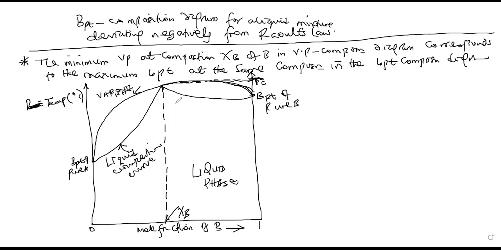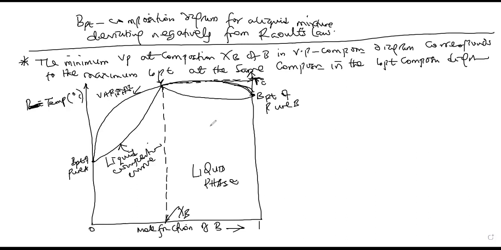This boiling point composition curve shows that when we add liquid B to liquid A, when you increase the composition of B to A, there will be a rise in temperature up to point Y, where the composition of the liquid mixture is XB of B, and the mixture boils at constant temperature T degrees Celsius.